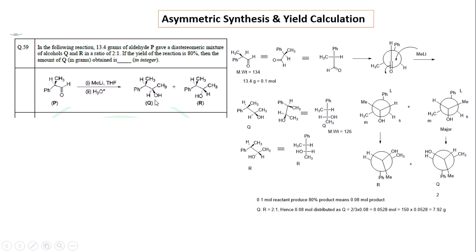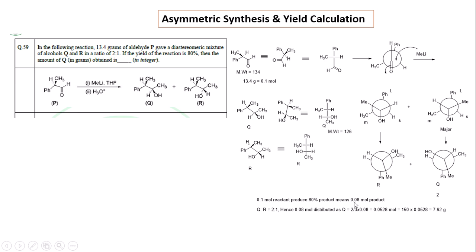The problem is that in the following reaction, 13.4 gram of aldehyde P gives a diastereomeric mixture of Q and R in the ratio 2:1. If the yield of the reaction is 80%, then 13.4 gram of P means how many moles of P? This is the reactant, 0.1 mole of reactant. So 0.1 mole of reactant is converted to 80% product.